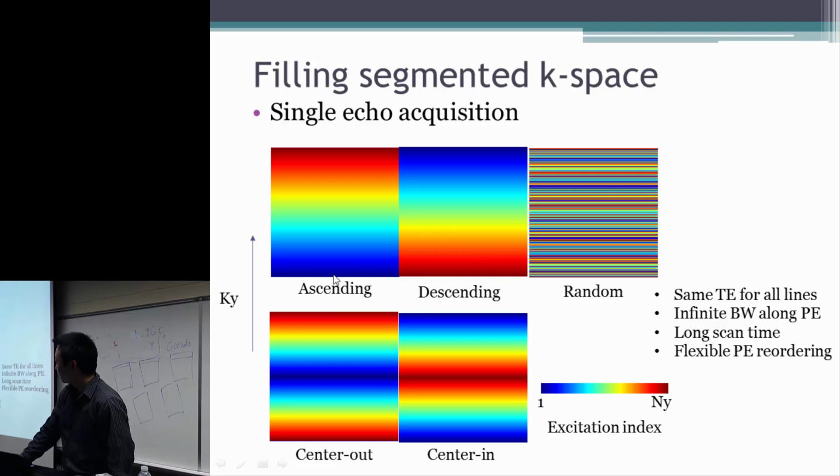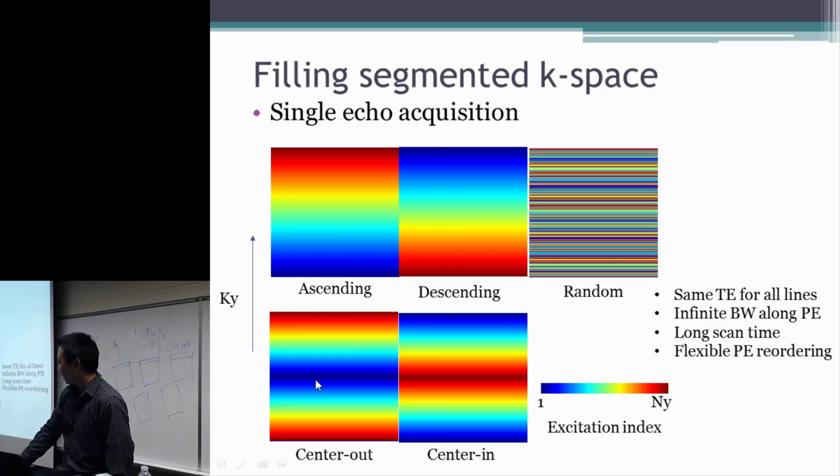Here we can see there are different reordering schemes to do this phase encoding. We can put the first line at the edge of the K-space and then go through the K-space, filling it from top to bottom or from bottom to top. We call this ascending or descending.